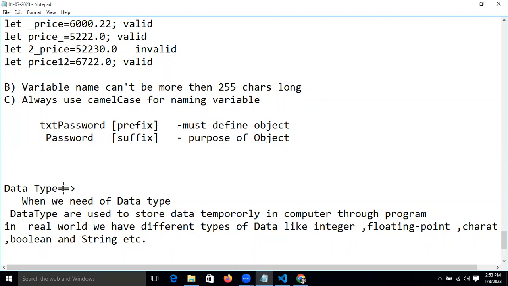These are called data types, friends. So what is the use of data types?